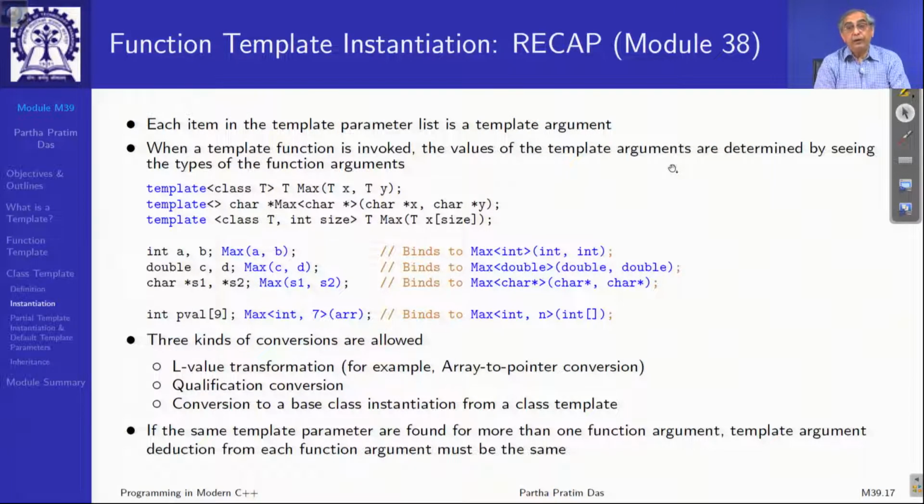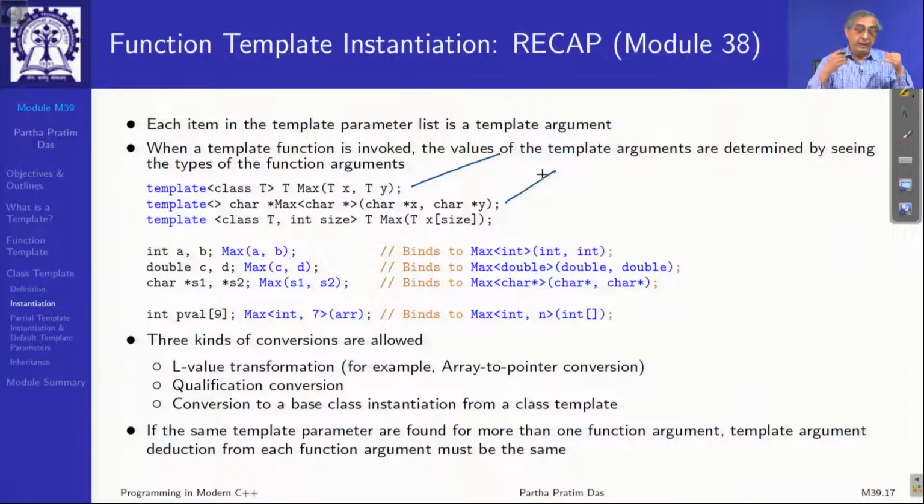So, looking back again, how did we instantiate in function? In function template, this is the generic template, which can compute max of any 2 values of type T. Then we have specialized it in the instantiation, because for char star, which is taken to be a C string, the comparison has to be done differently. So, we saw that we can specialize it and have a different definition.